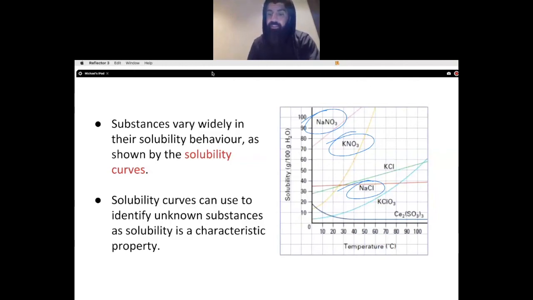And here's another one where it actually lowers as the temperature increases and eventually plateaus. One of the things I'm going to want from you in this chapter is to be able to read a solubility curve and figure out how much can dissolve within a specific temperature.